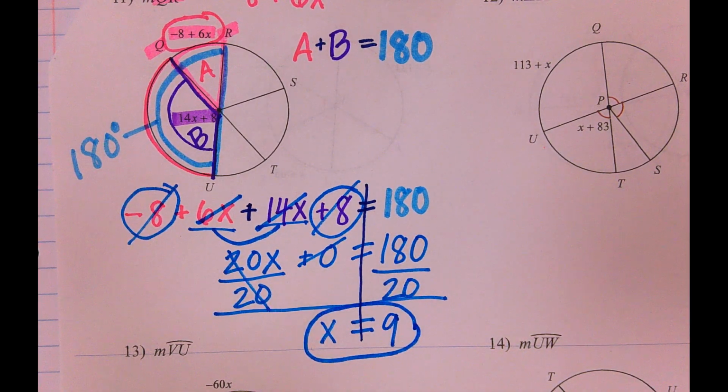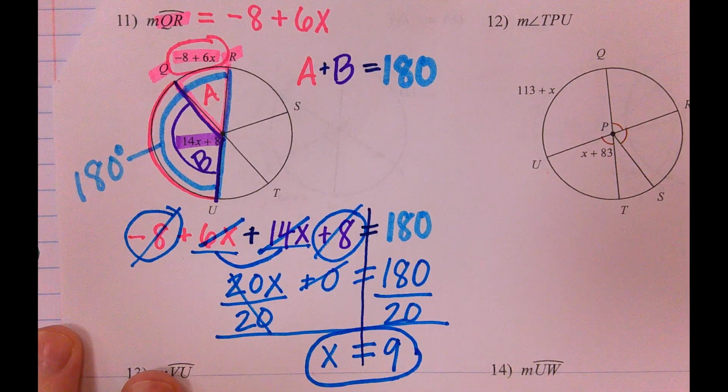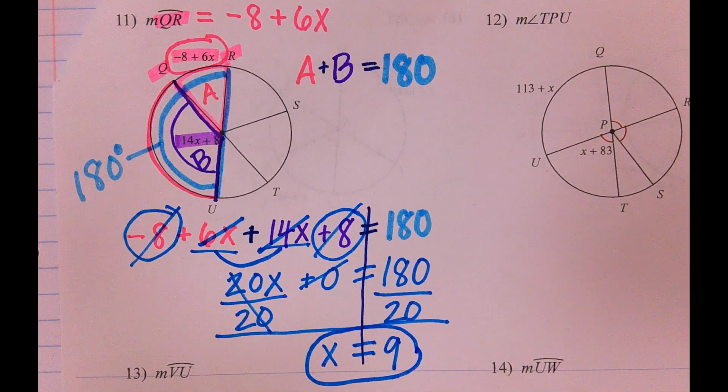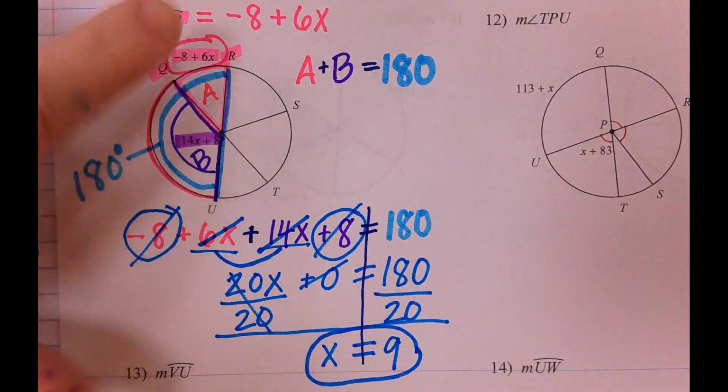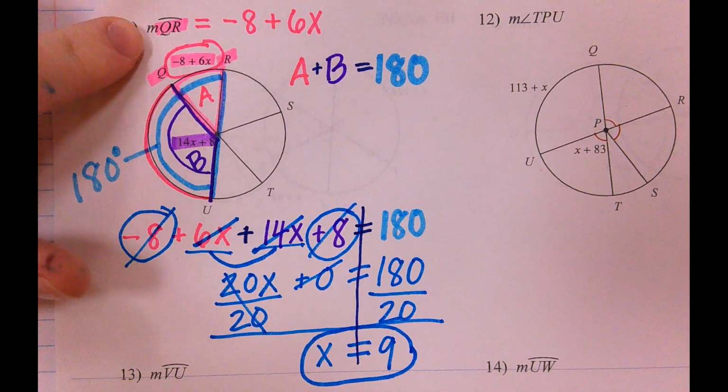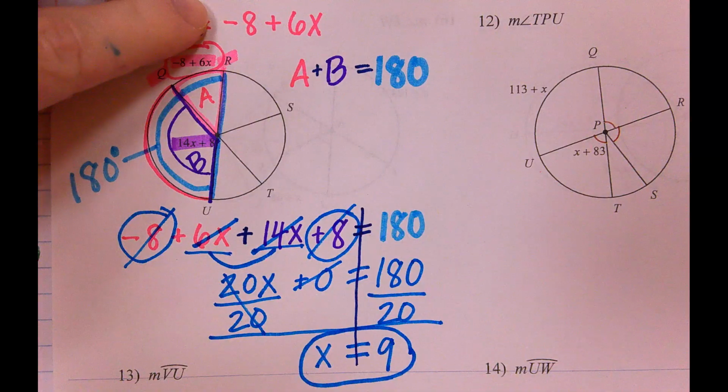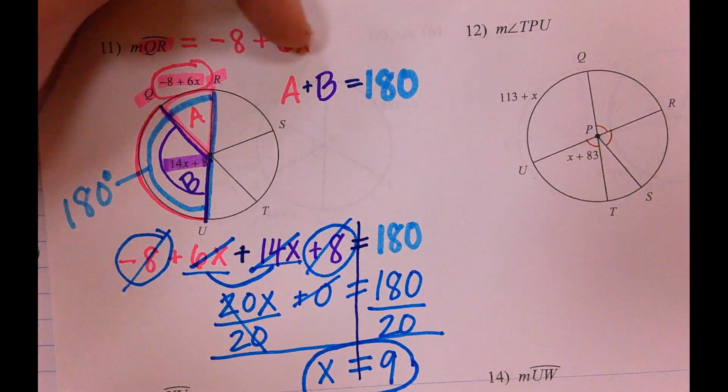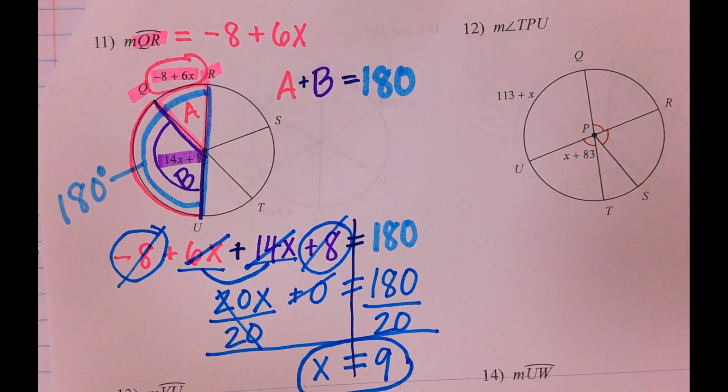Do I know the measure of QR though? Not yet. You gotta plug your 9 into the -8. Yes. Now we don't know this arc QR, but we do know that there's an x that we need to plug into, and now I know what x is.